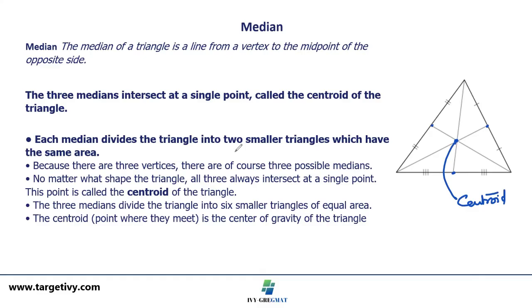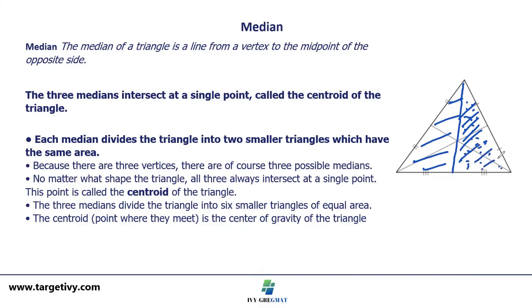Each median divides the triangle into two triangles which have the same area. So once we draw a median, an altitude doesn't, but a median does. If this is a median, it divides the triangle into two parts, two smaller triangles that have the same area.